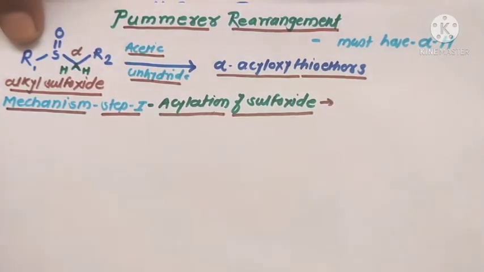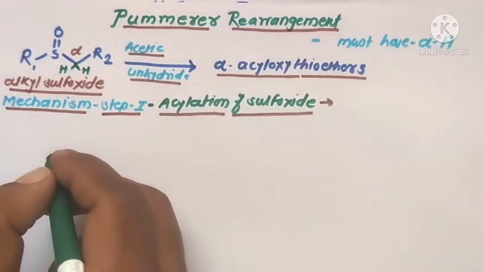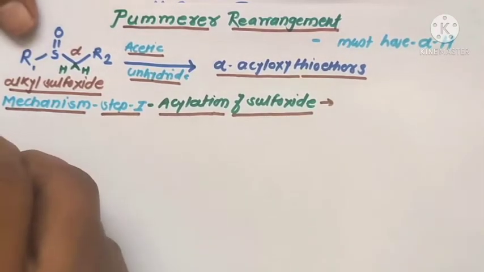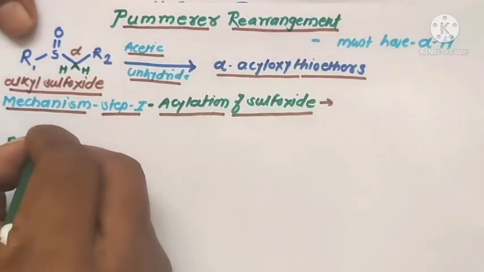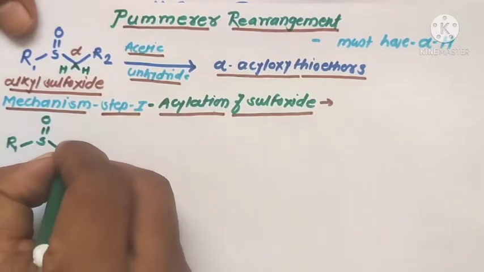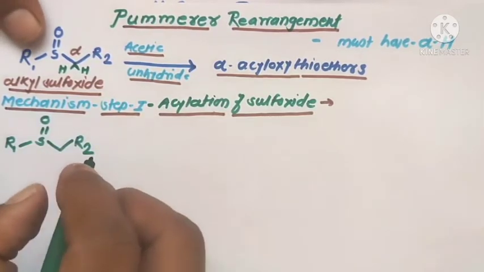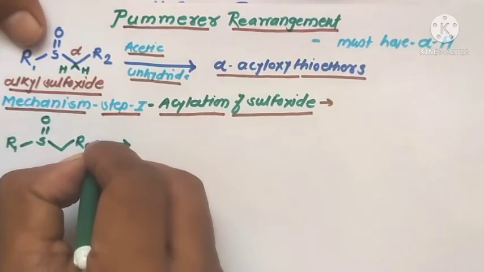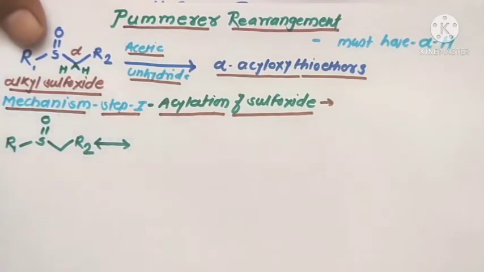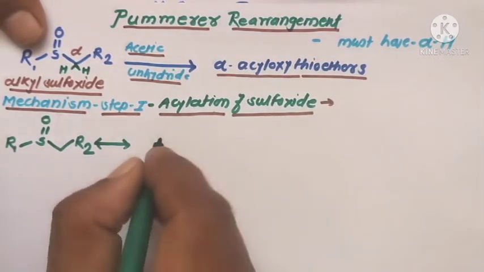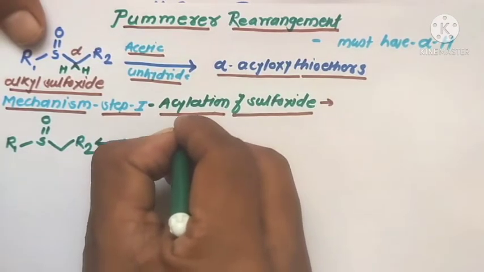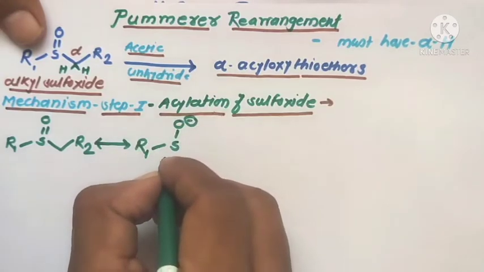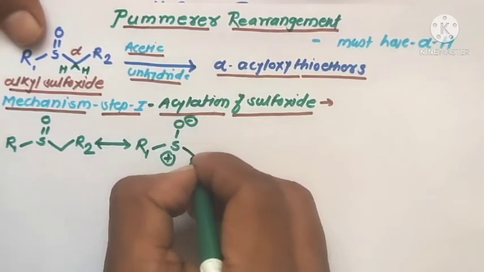Here the alkyl sulfoxide, like R1 S double bond O, in the general reaction with R2, resonates to form a resonating structure like R1 S single bond O, where oxygen contains a negative charge and sulfur contains a positive charge.